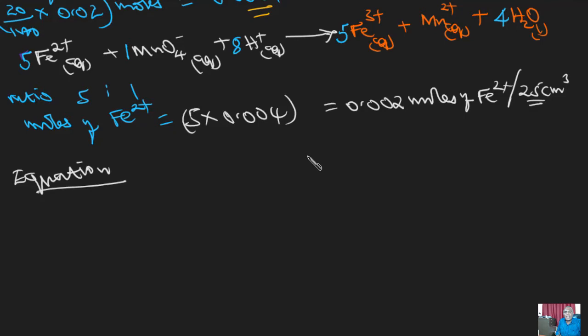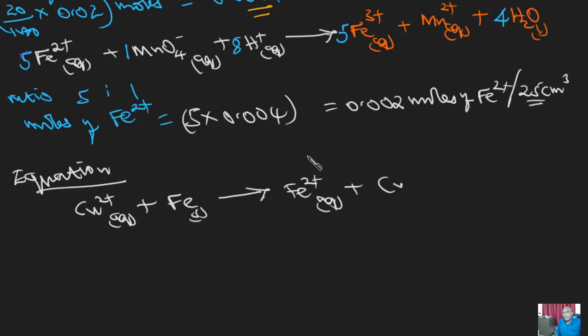Remember, we had a solution containing copper ions, that is a solution of copper 2. We reacted it with iron metal in solid form. What we produced was iron 2 ions in solution and copper metal in solid form. So this is a displacement reaction that happened.